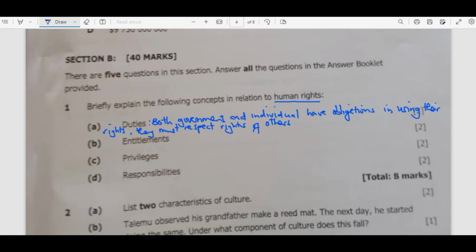And then apart from that, we are saying that this means that the government and an individual, no one should disrespect someone's rights. So the other one, it is entitlements.